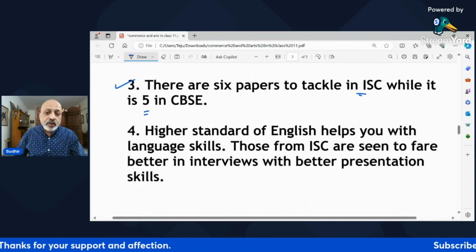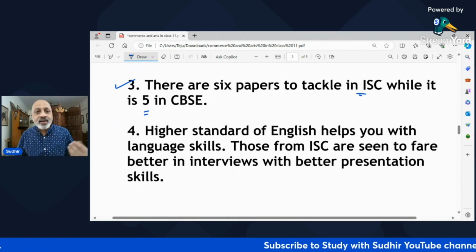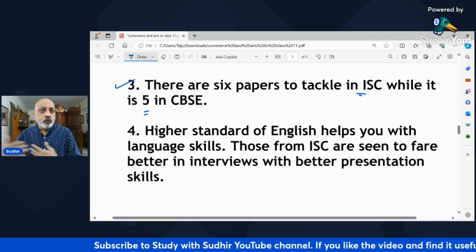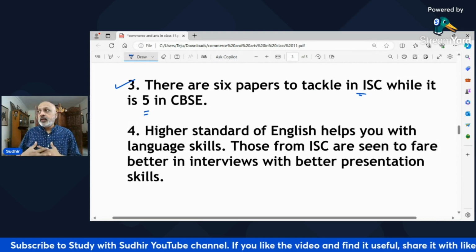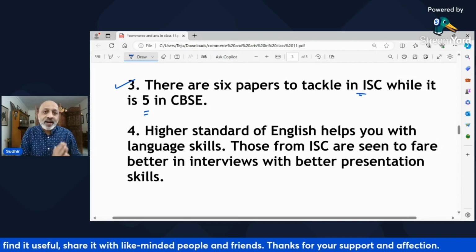The higher standard of English helps you with language skills in ISC. So those from ISC, it's generally been found they fare better when you go for interviews. The confidence levels, the English speaking ability is much better with an ISC student. I'm not generalizing, but by and large, it's a little better than that of a CBSE.